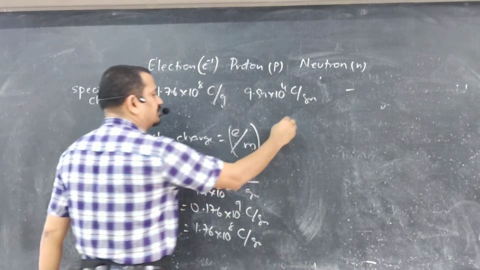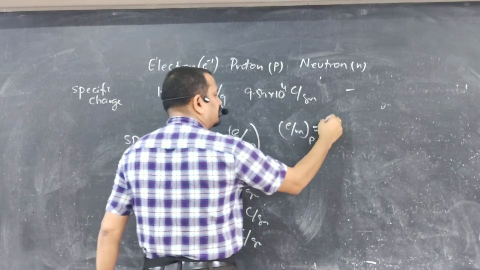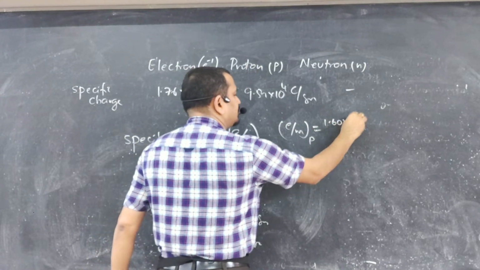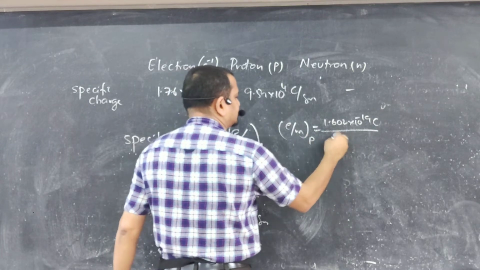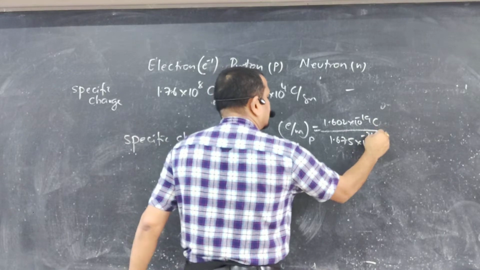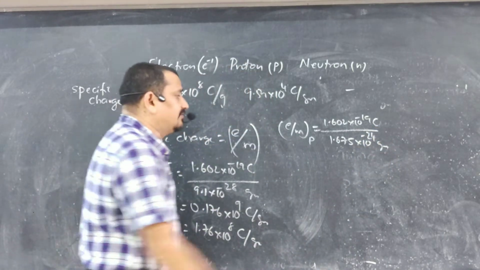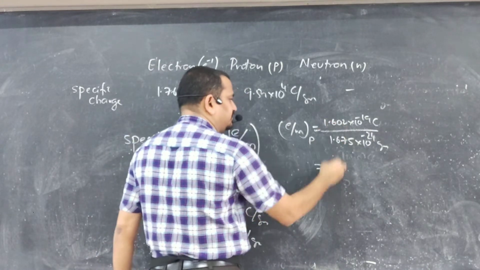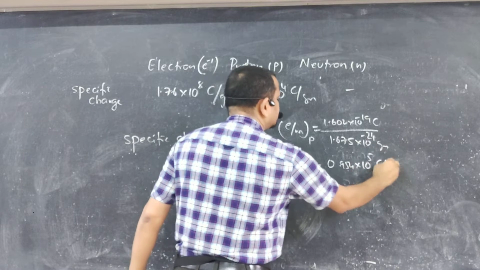When it comes to proton, specific charge of proton is 1.602 into 10 power minus 19 coulombs over mass of proton, 1.675 into 10 power minus 24 grams, right? On division, it is 0.954 into 10 power 5 coulombs per gram.